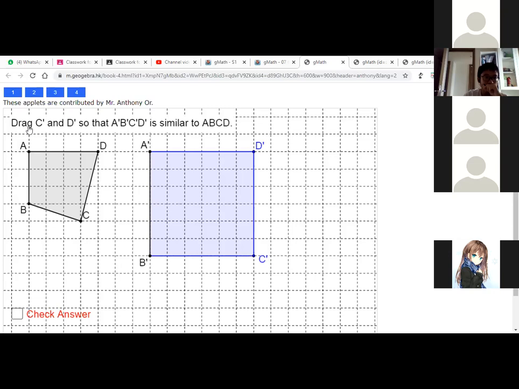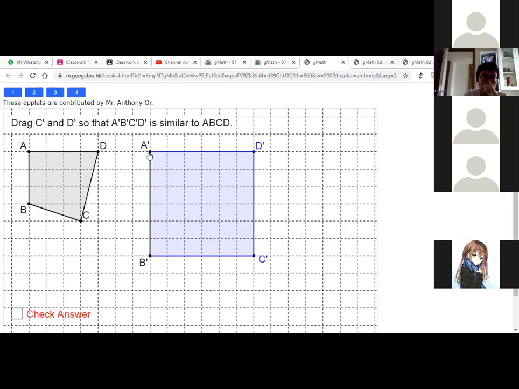So what's meant by drag C prime and D prime? The pronunciation is prime, C prime and D prime. It is about the image, the new point. So A prime, B prime, C prime, D prime is similar to A, B, C, D. How do we know they are similar? If all the lengths, each one, have the same scale factor.